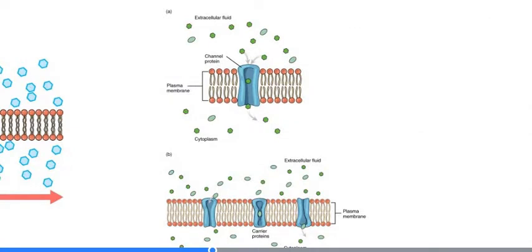For molecules that are polar in nature, meaning that they're made of polar bonds, or maybe that they have a charge to them like an ion, such as sodium or potassium, the only way they can cross the membrane is if they have a channel or a pore through which to go. So these integral proteins that can be channels will let small particles through, such as ions.